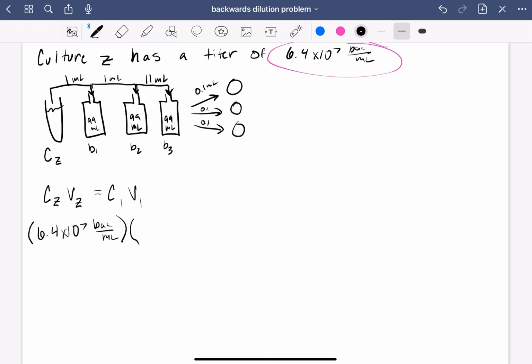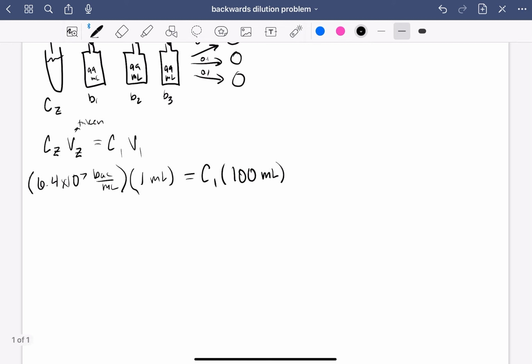And then the volume of Z, we're doing the volume taken, so that's what this first V will be. We're just going to do 1 mil, and then equals the concentration of bottle 1 times the total volume of bottle 1. That's going to be the 99 plus the 1 mil coming in from the original culture, so we will put 100 mils for this.